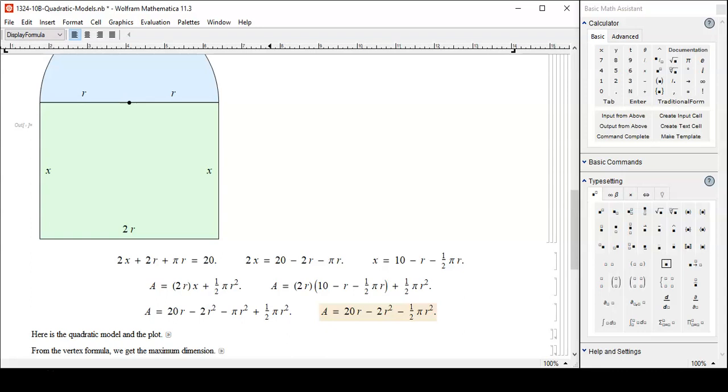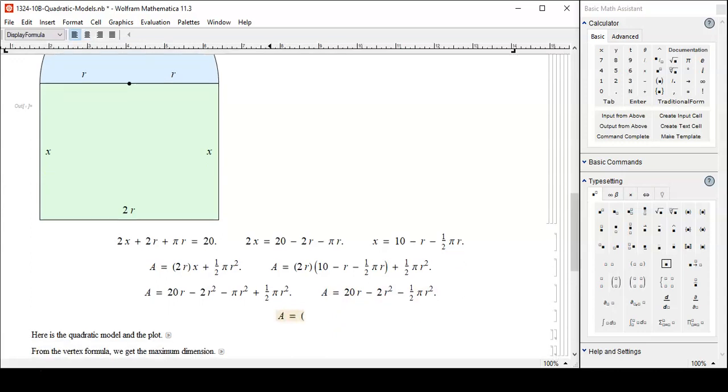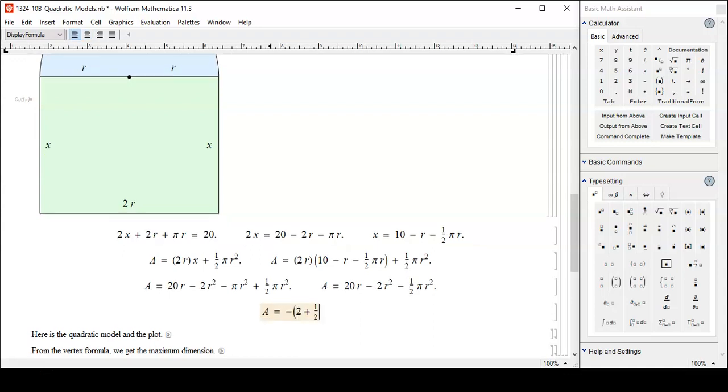Okay? All right. One more. A is negative of 2 plus 1/2 pi r squared plus 20r.